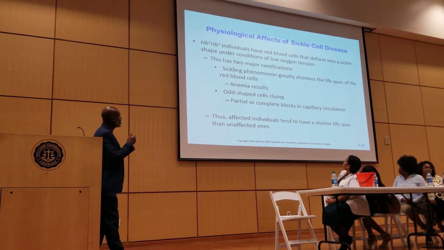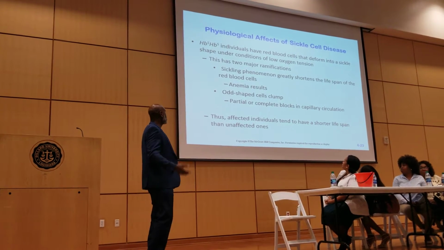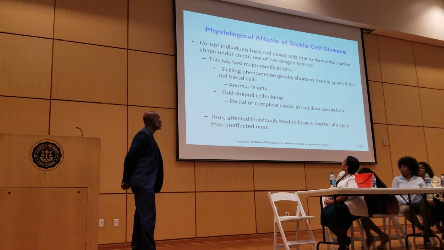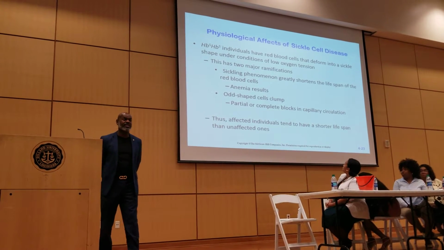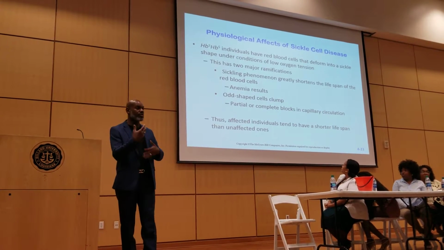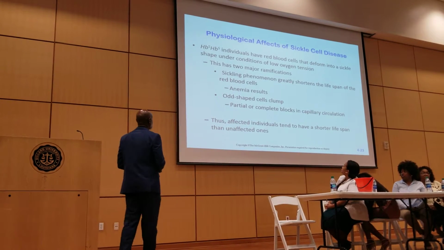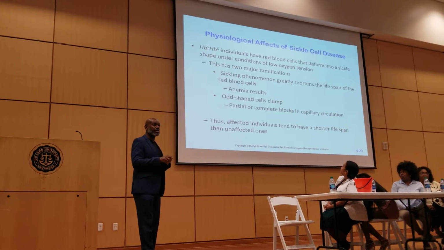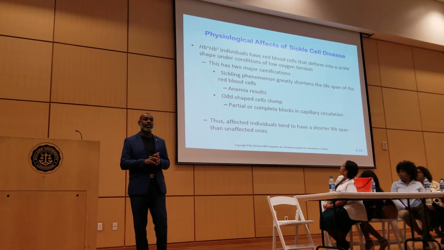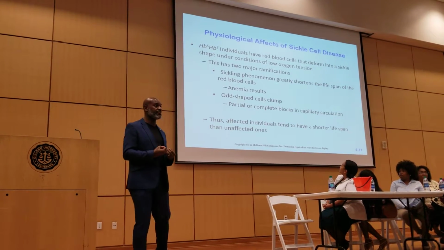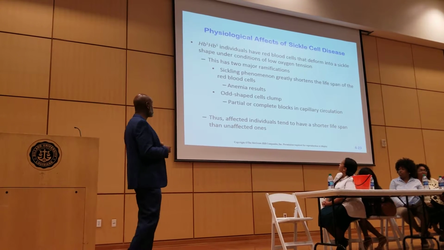The sickling greatly shortens the lifespan of the red blood cells. The red blood cells regenerate themselves throughout the life of the individual, but these cells have a shorter lifespan, therefore you have fewer of them, and that's what the anemia is, a shortage of red blood cells.